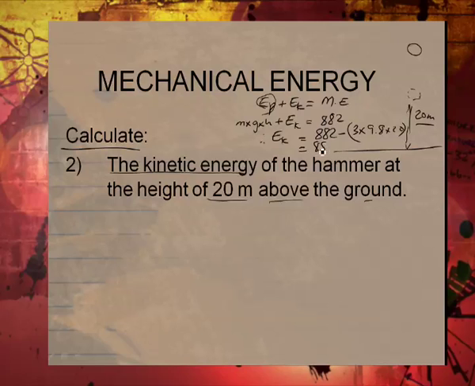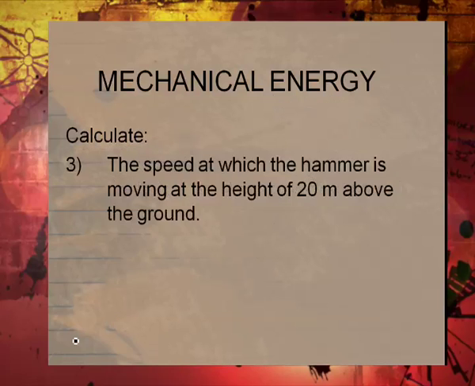So this is 882 minus 588, and that gives us 294 joules. So EK at 20 meters above the ground for this hammer is 294 joules. You can actually do that down here where there is space.